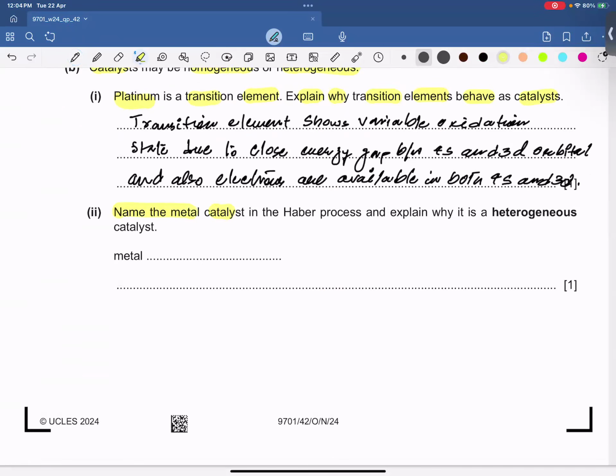Name the metal catalyst in the Haber's process. Iron is basically the catalyst used in Haber's process. Why is it a heterogeneous catalyst?